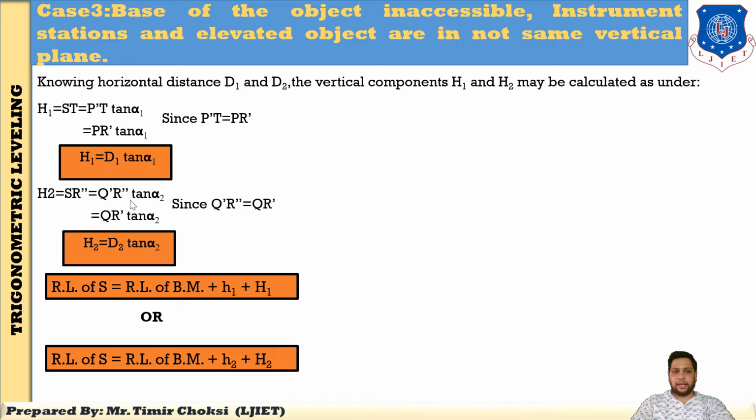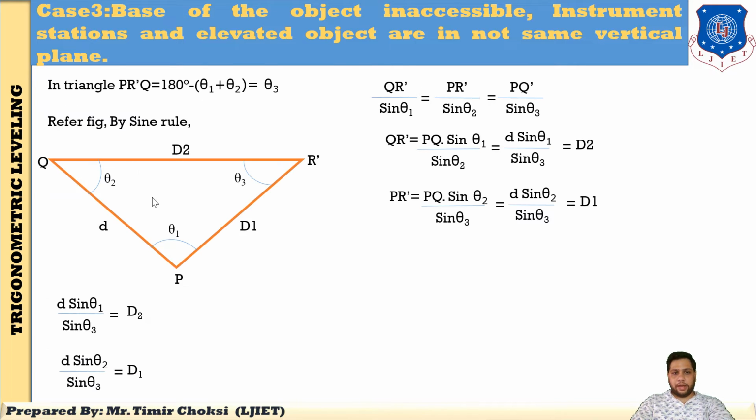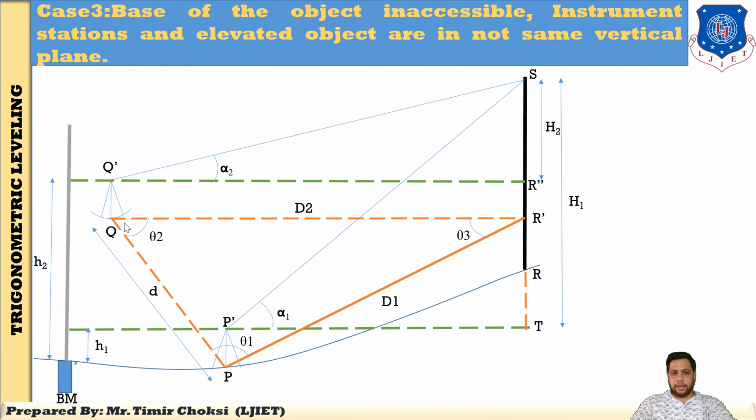Similarly, you have to find the S2. So S2 equal to, as we clearly see here, taking the second triangle S Q dash R double dash. Using the formula, S2 equal to D2 tan alpha 2. Why?